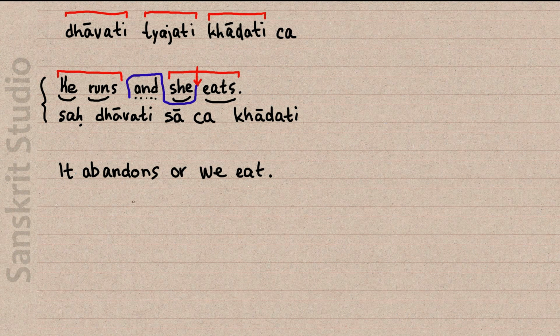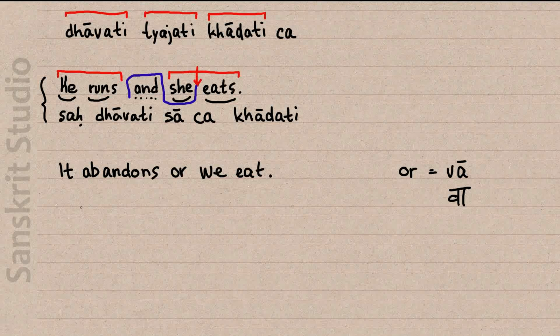So we do the same thing here. This is then the word "or," and in Sanskrit this is vā. And vā has exactly the same rules as cha, or for the purpose of this explanation at least. So, it abandons, or we eat.